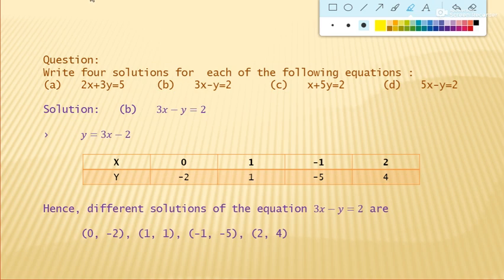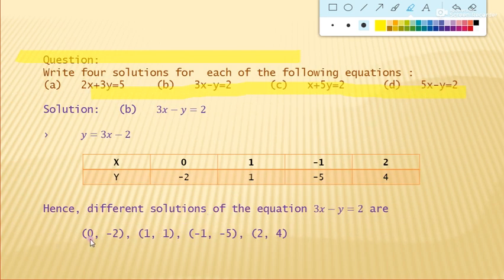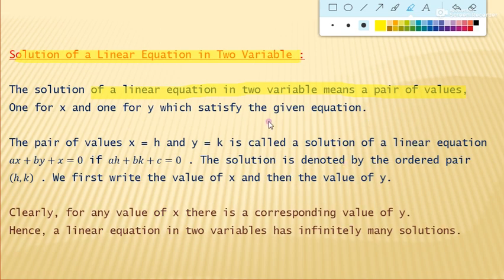Now we will start our next topic related to this question: solution of a linear equation in two variables. The solution of a linear equation in two variables means a pair of values, as we saw previously. You can see (0, -2), (1, 1). What are these? These are pairs of solutions.